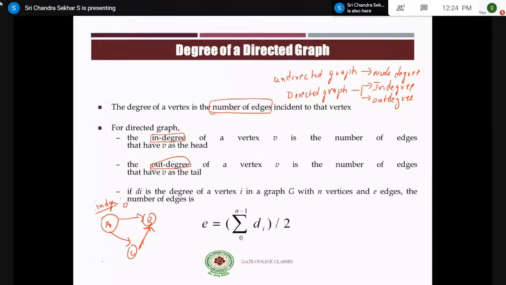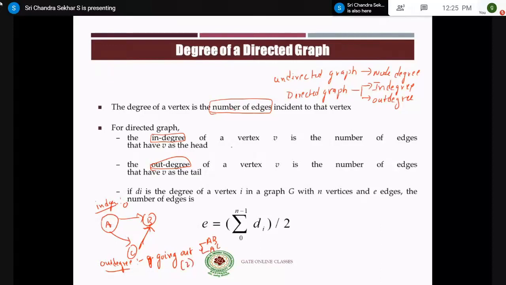But if you consider the out degree, it means the number of edges that are going out. You can remember it like this, that are going out. So how many edges are going out from A? 1 from A to B and 1 in the case of A to C. Therefore out degree of A is 2.